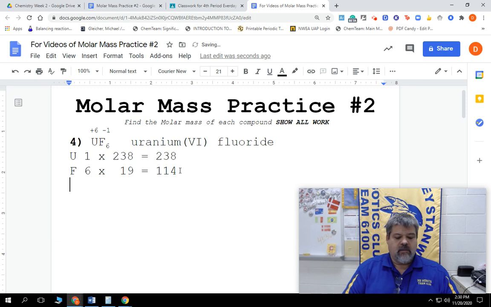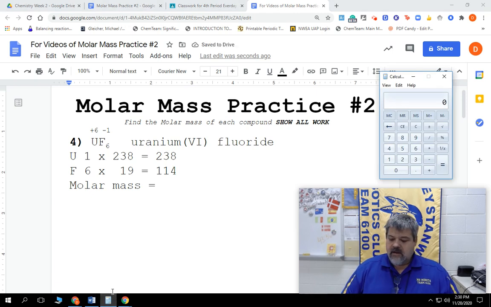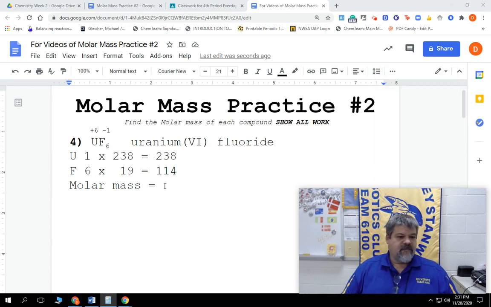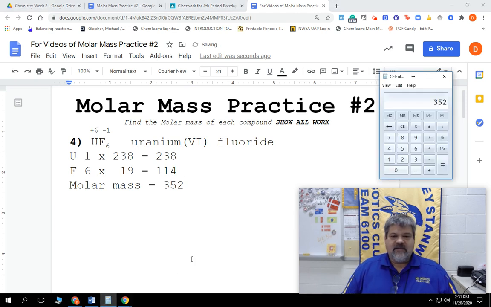Well, we're going to add those together and figure our molar mass. So our molar mass is going to equal those two numbers added together. So it's going to be 238 plus 114 equals 352.